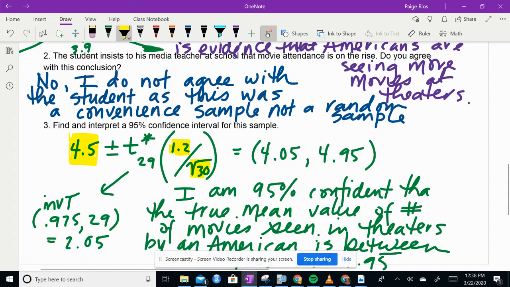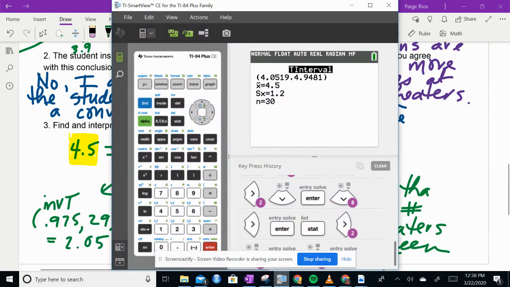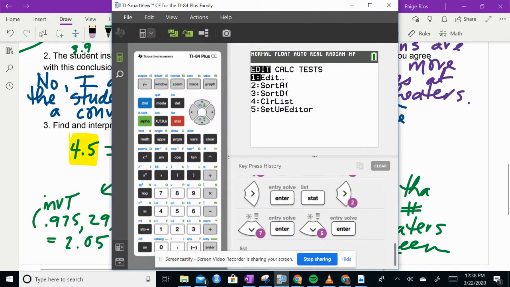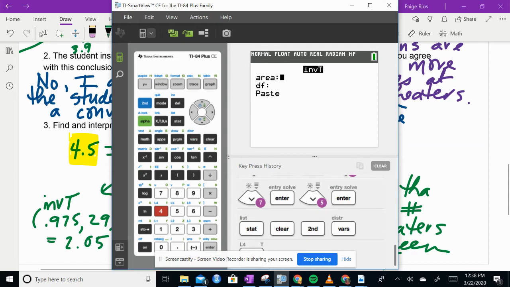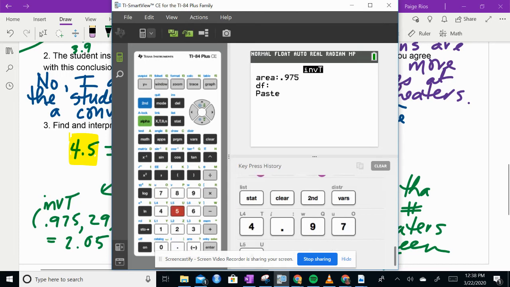And in order to get that inverse t-score, I'm going to go here and say second vars, go down to number 4, inverse t. We wanted 95% confidence, so we're going to enter 0.975. Remember, you need to leave half on each side.